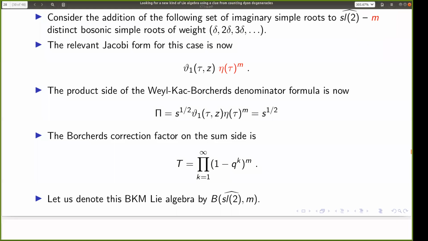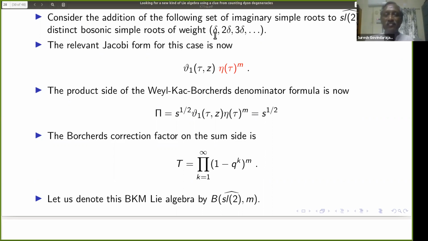The upper block is the SL2 hat, and then zeros everywhere on the diagonal, and off-diagonal terms are non-zero. No, delta also, it's all 0, because it just happens that alpha 1 with delta has inner product 0, and delta with delta also has inner product 0.